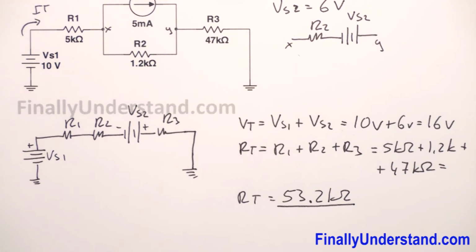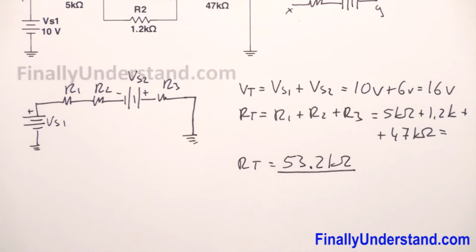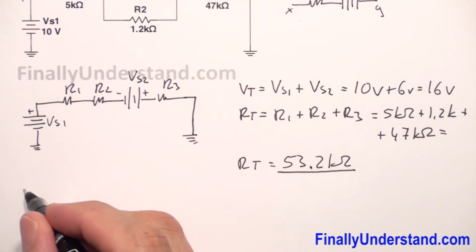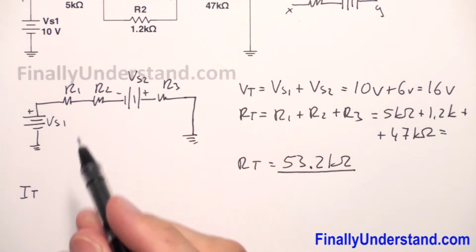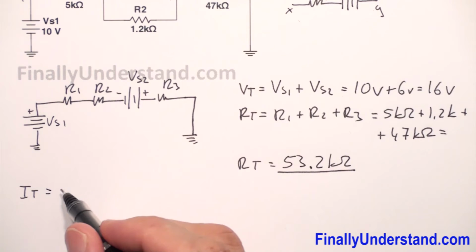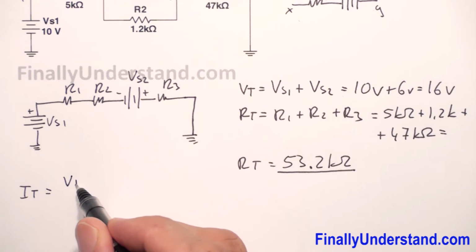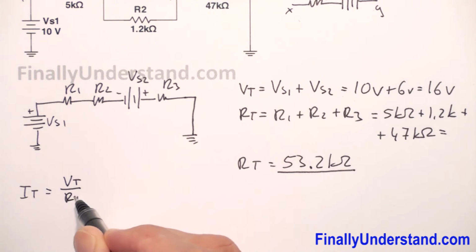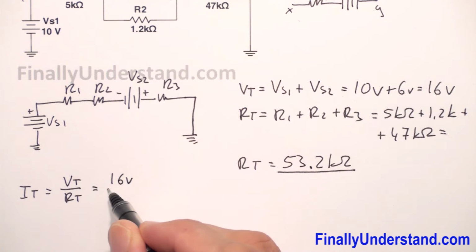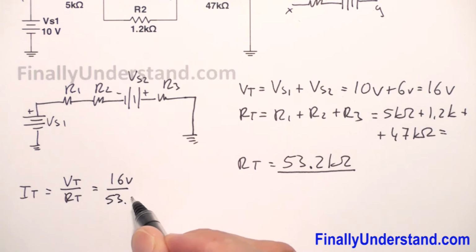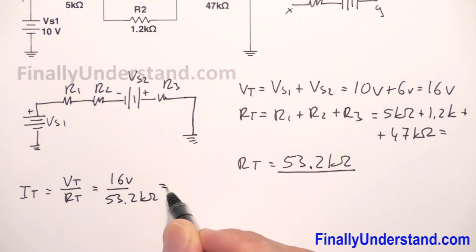Now we can find the total current. I total, I'm talking about this circuit, is equal to voltage total over R total, where V total is equal to 16 volts over R total, 53.2 kilo ohms.